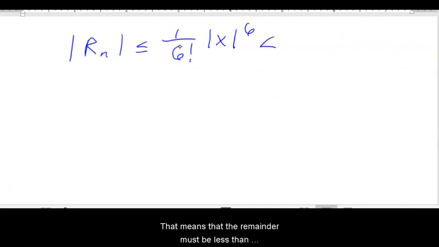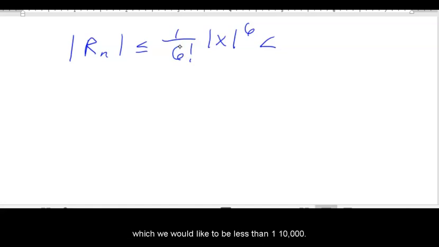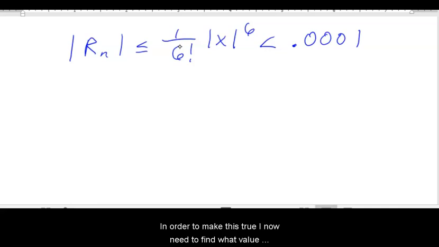That means that the remainder must be less than 1 over 6 factorial times the absolute value of x to the 6th, which we would like to be less than 1/10,000th. In order to make this true, I now need to find what value of x leads to that. So I'm going to solve the inequality for x.